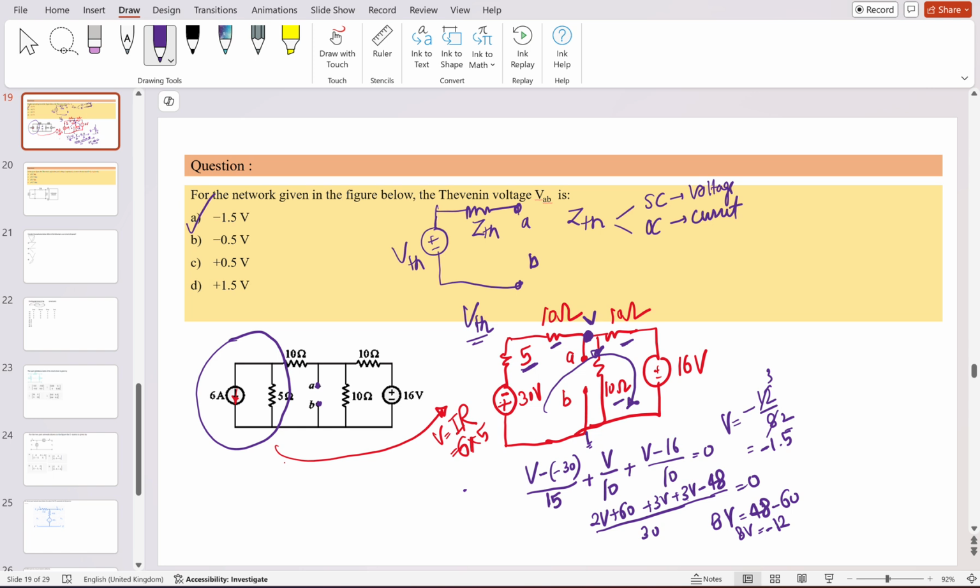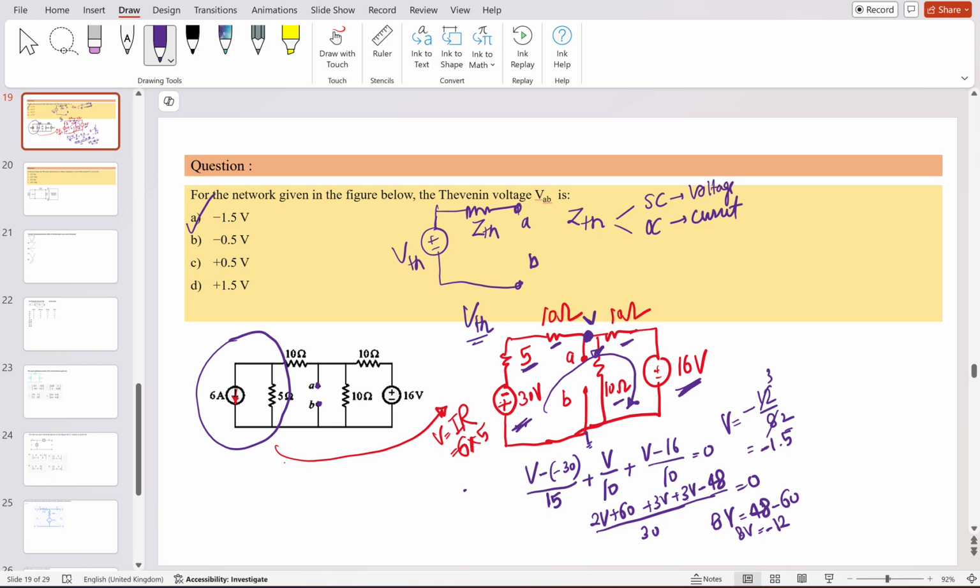Sir, I used the potential dividing method, sir. No, you cannot apply the voltage division principle here, because the problem is that there is a 16 volt source connected here and a 30-volt source connected here. In the previous tutorial sessions, if you remember, I have given you where you can apply the voltage division principle.